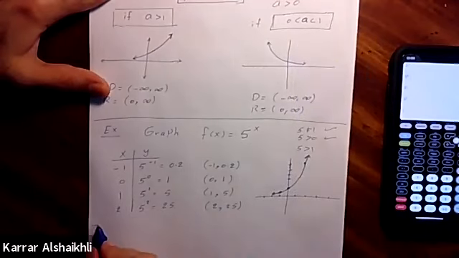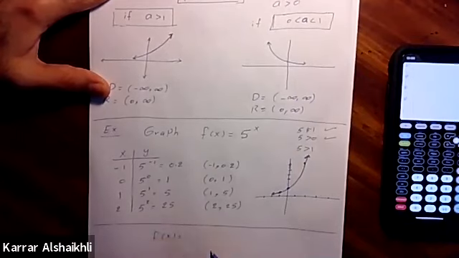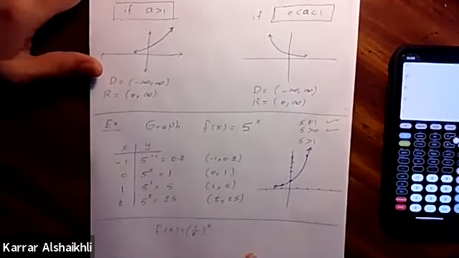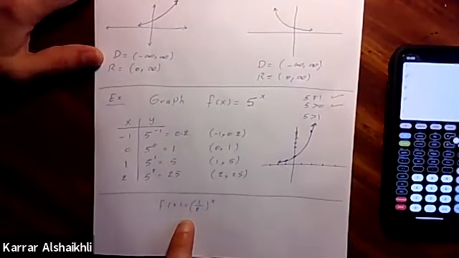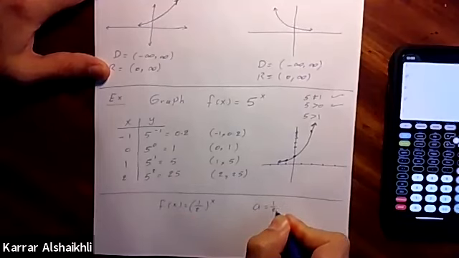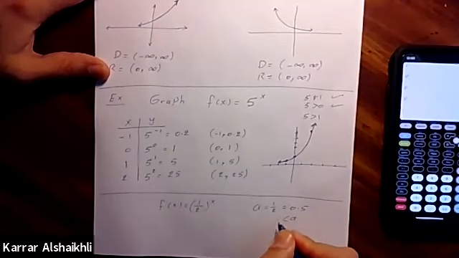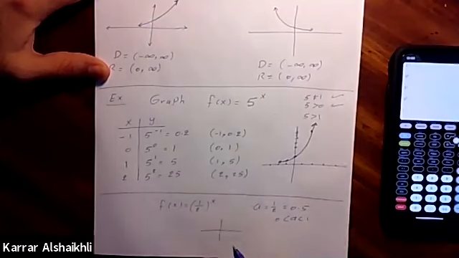Let's check this one. For example, if your function f of x equals 1/2 to the power x. If you want to graph this one, check the a. The a equals 1/2, which is 0.5. That means a is between 0 and 1. So the general graph is going to be like this.